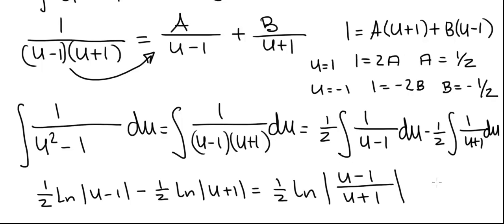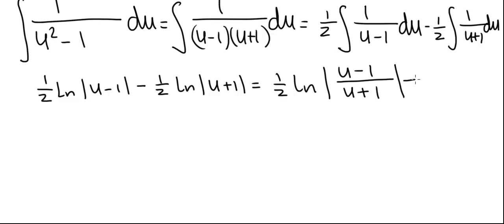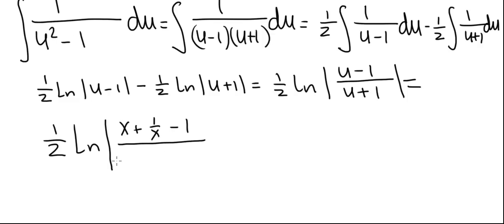And let's recall what u was. U was equal to x plus 1 over x. So we're going to substitute. This is equal to 1 half times the natural log of the absolute value of x plus 1 over x minus 1, divided by x plus 1 over x plus 1, plus c.